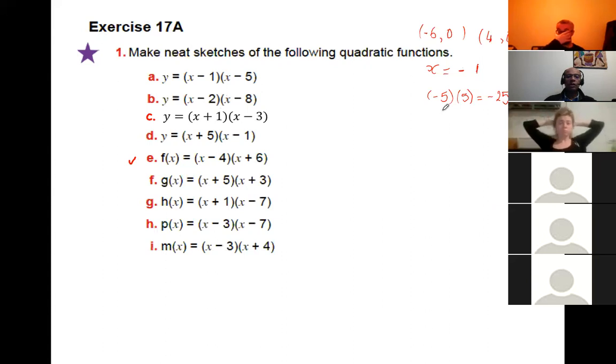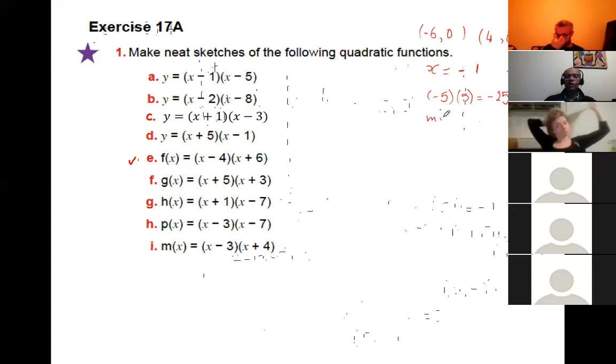So the minimum turning point should have been -1, -25.